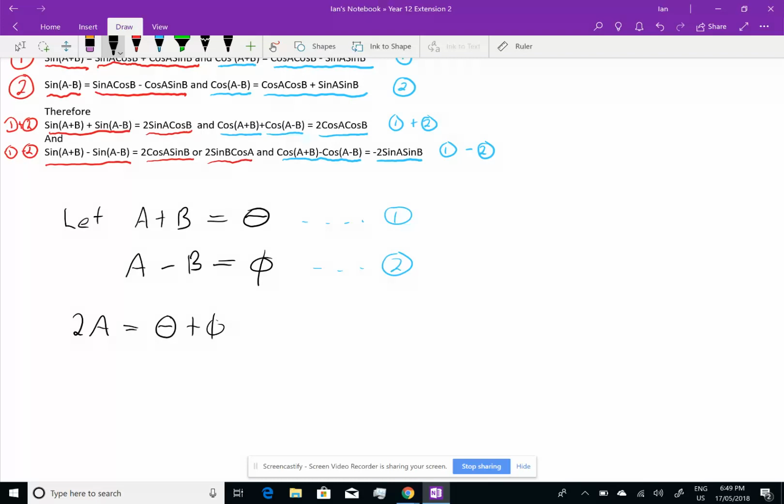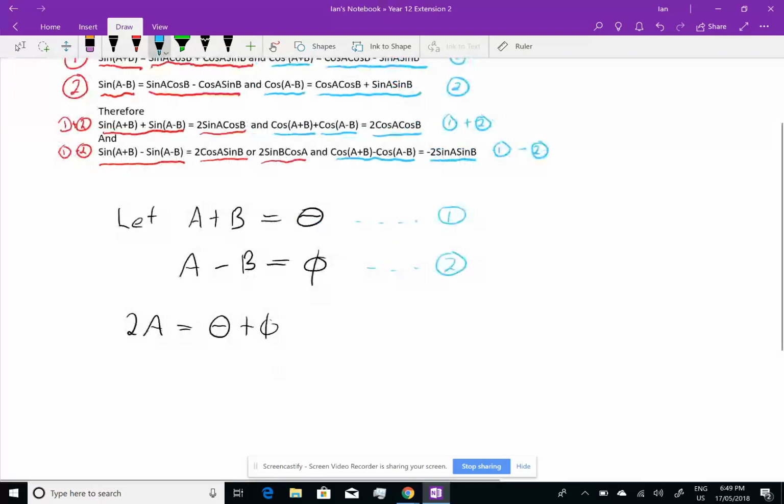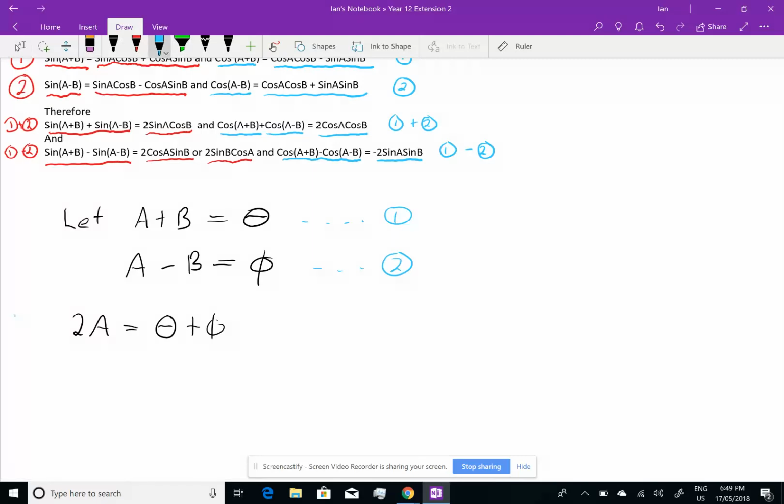That was adding the equations, so that's 1 plus 2. If I now go 1 minus 2, I'll get 2B equals theta minus phi.